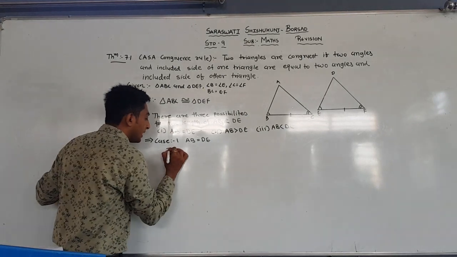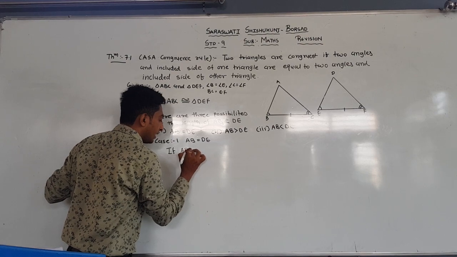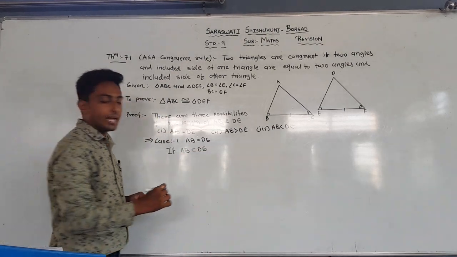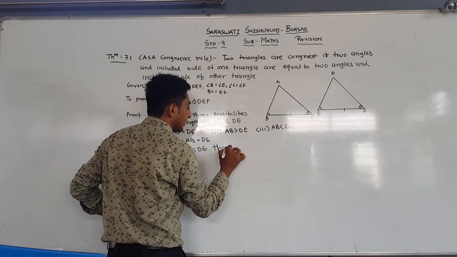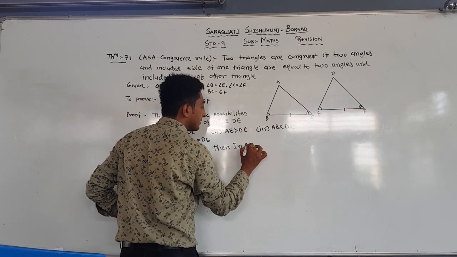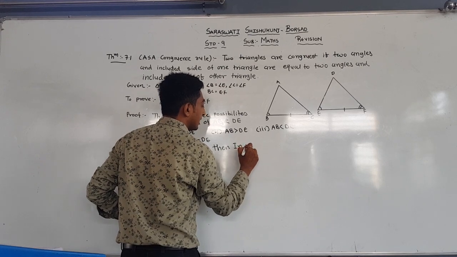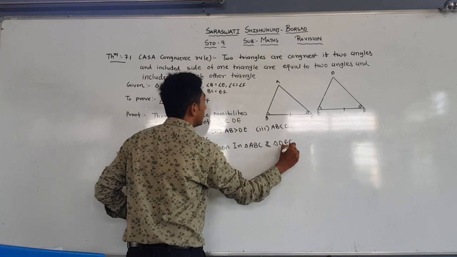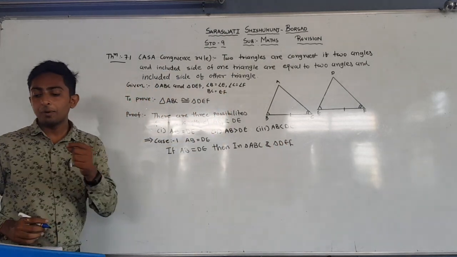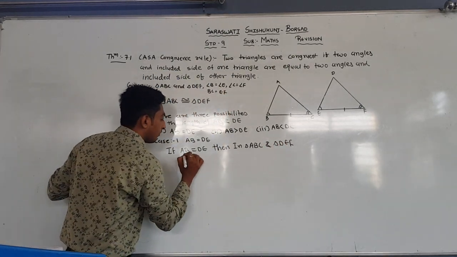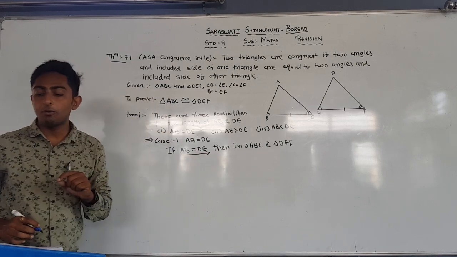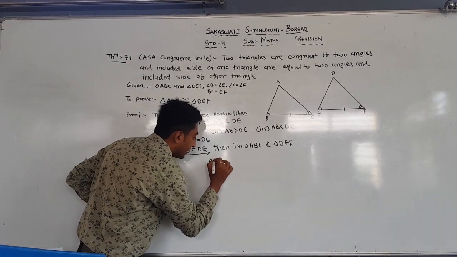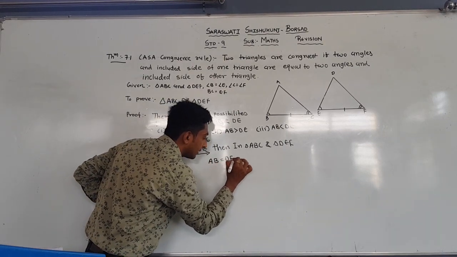If AB equal to DE, then in triangle ABC and triangle DEF, the things are given. First of all, AB equal to DE, which we have taken earlier.